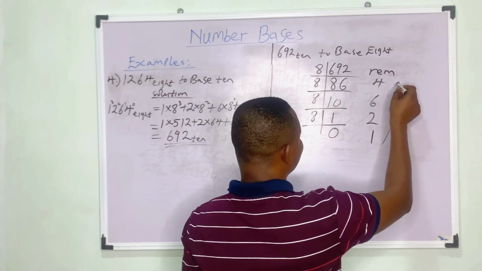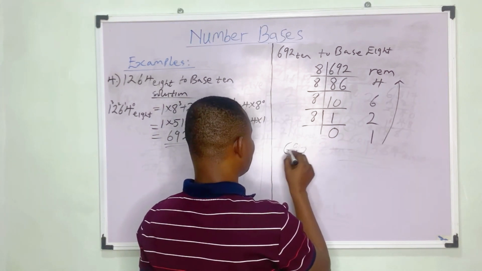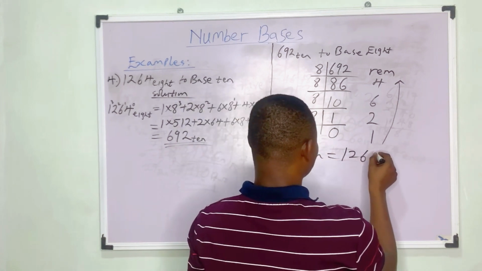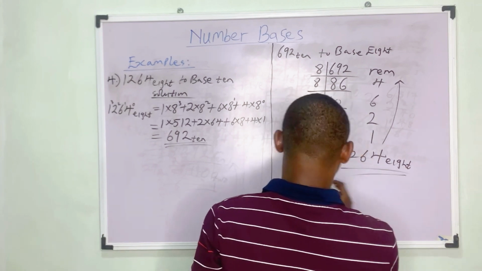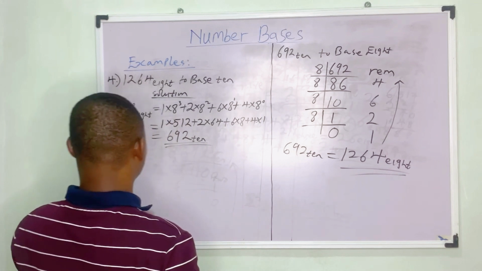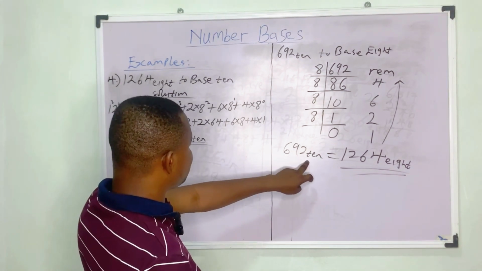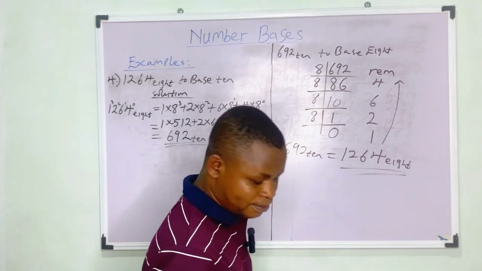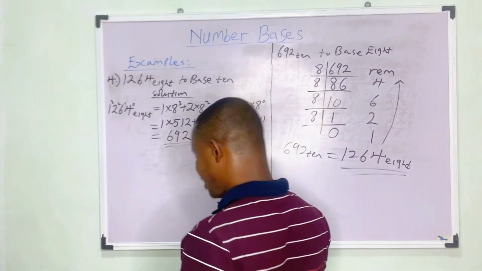So we read from bottom to top. Then 692 in base 10 equals 1264 in base 8, which is the same as what we converted. We converted 1264 in base 8 to base 10, and we converted 692 in base 10 back to base 8. So that is about that.